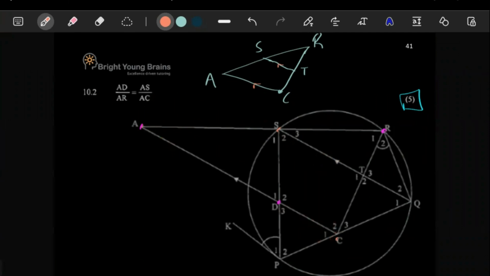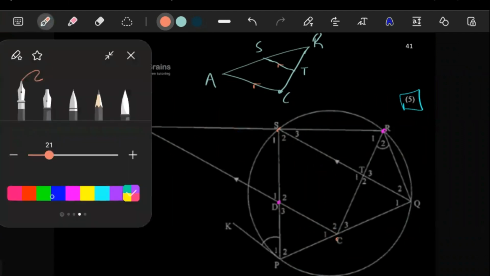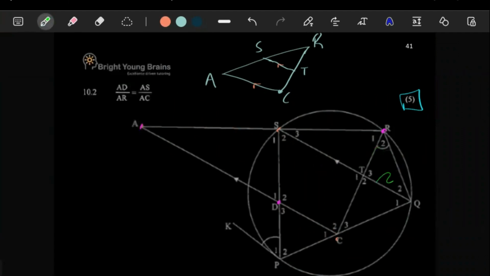Do we maybe need to prove that certain triangles are similar? Let's maybe try and see if certain triangles can be similar here. There's this triangle here, and there's this one over here. Let's see if it can work out. The ASD. Let's try out ASD and the big one.